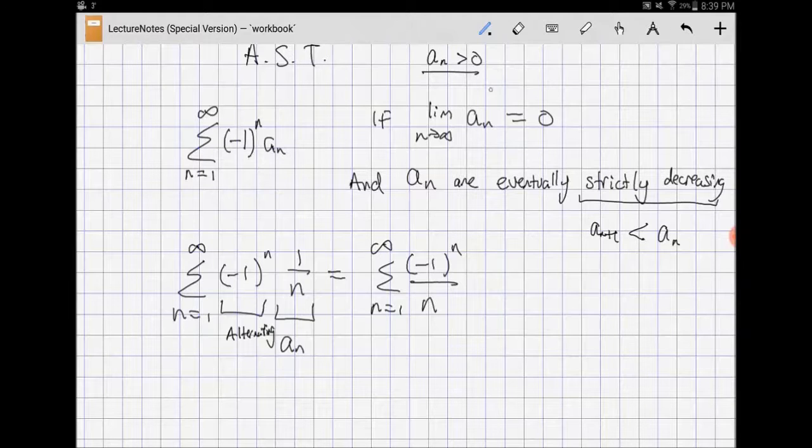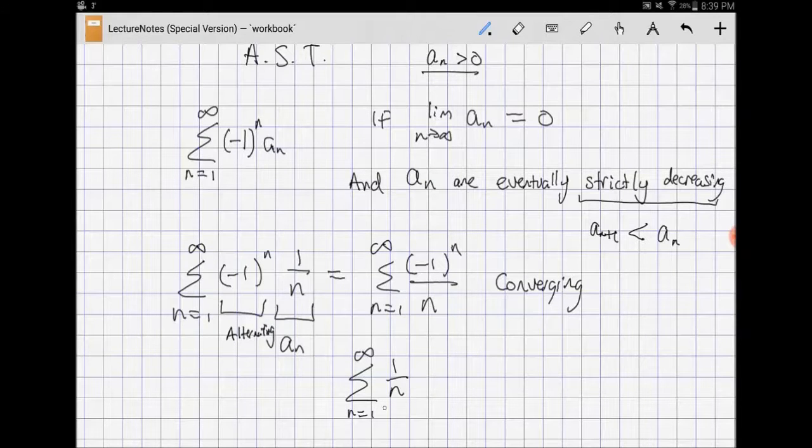So the thing about alternating series is that not only do you have to check if the series itself is converging, we also have to check if the absolute value of the series is converging. So imagine we now have the absolute value of this; then we produce the harmonic series, and we know that this series is diverging, as it is the harmonic series.